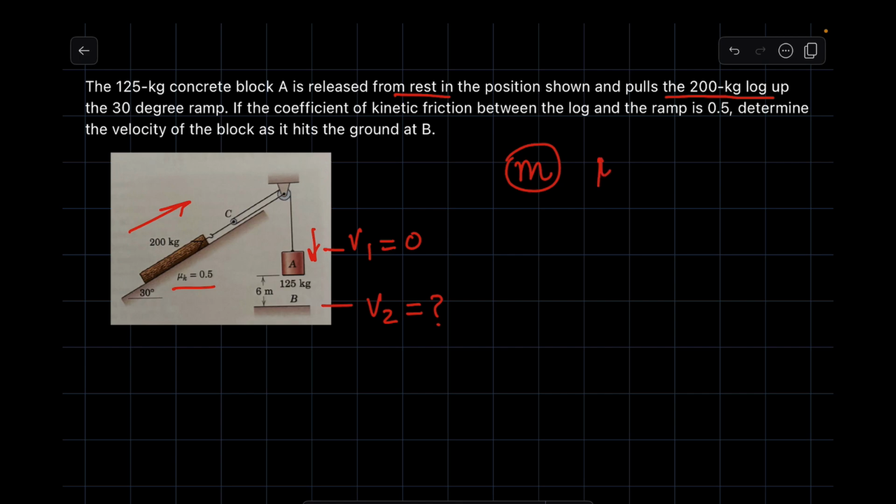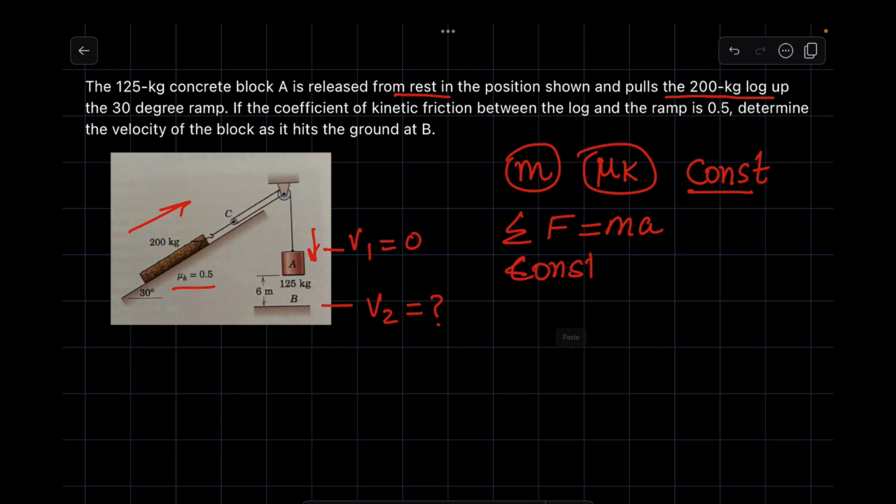Kinetic friction is also given and the motion is a constraint; I mean the two bodies are connected to each other. So we can apply two concepts here very easily: the equation of motion first, and secondly the constraint motion rules.